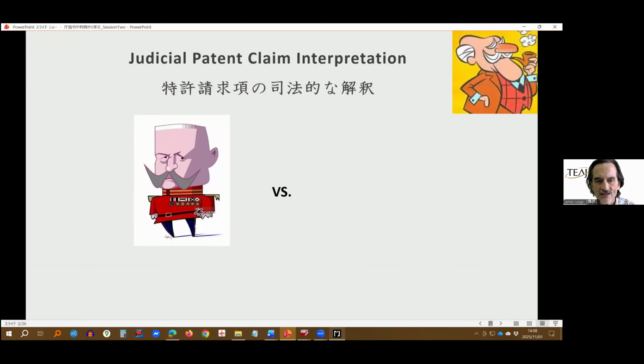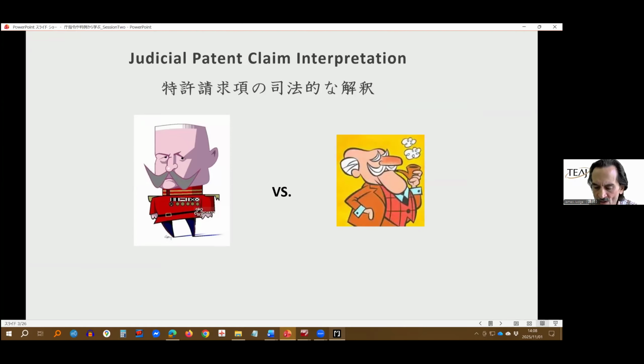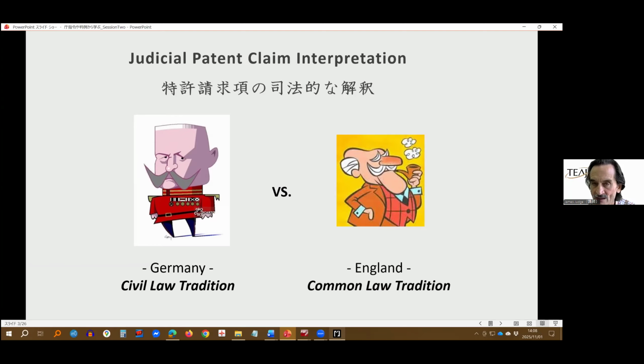And it turns out that the system in Japan is based on civil law, what is called civil law in English. And that comes from Germany, apparently, as far as the Japanese modern legal system is concerned. And then as far as the US legal system is concerned, that, of course, is derived from England, because America was a colony of England.